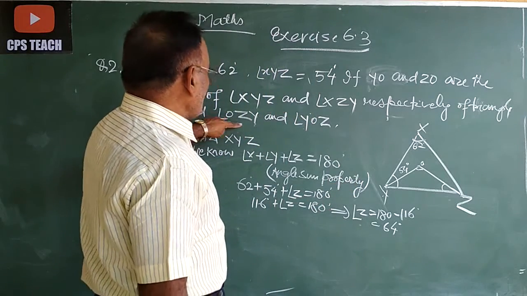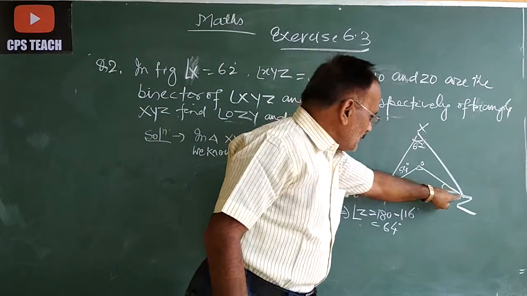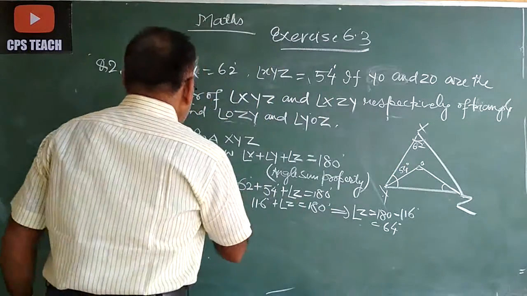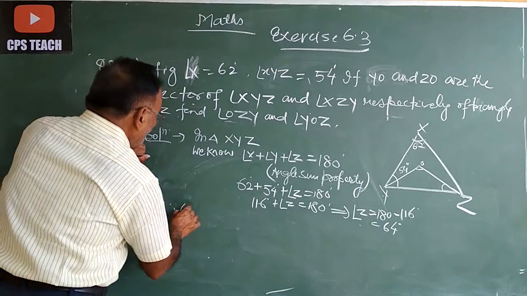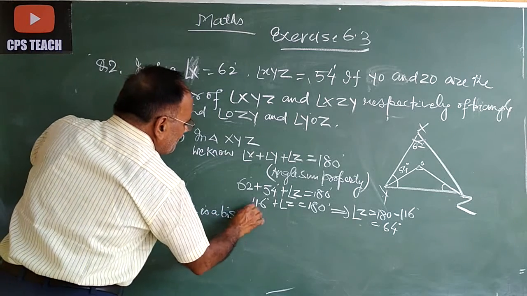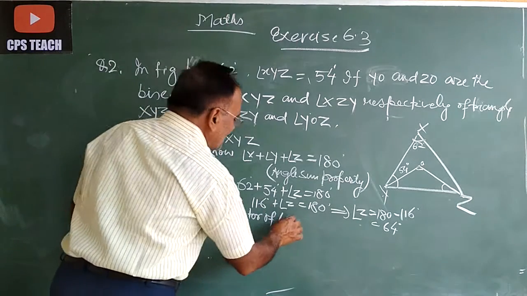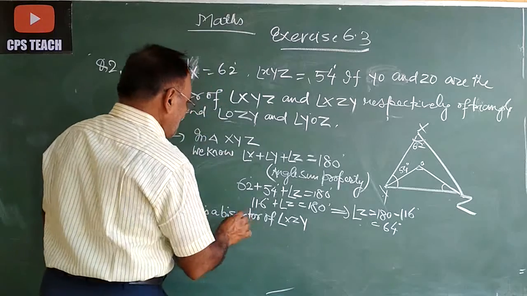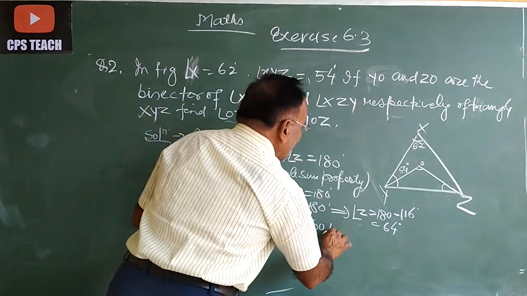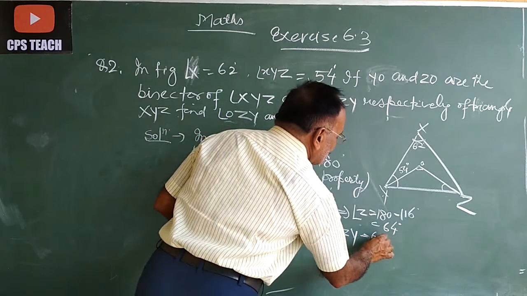Now we have to find out OZY and YOZ. क्योंकि OZ is a bisector of angle XZY, so angle OZY is equal to 64 बटा 2.